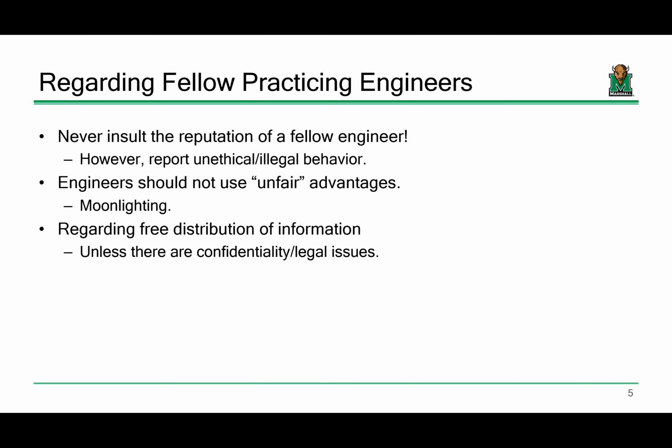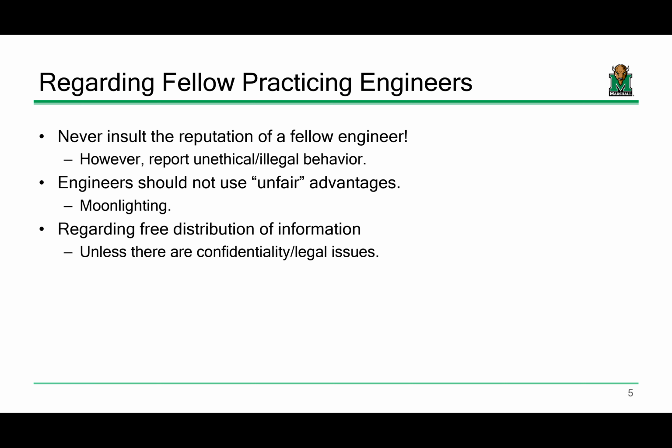Now, here's another thing regarding your peer engineers. Engineers should generally promote free distribution of information. We want to improve the profession, and so the way that we do that is when we discover something or design something, and as long as we're not violating confidentiality issues and things like that, that information should be widely available to the public.